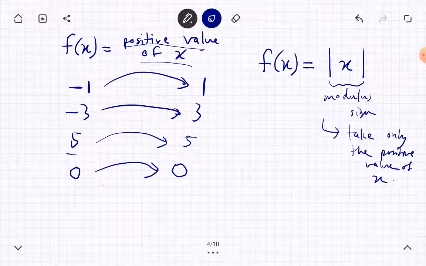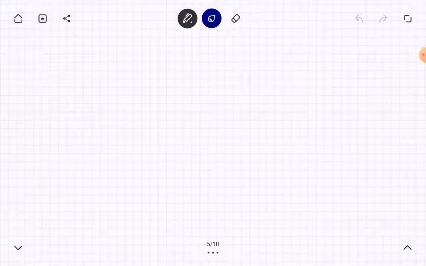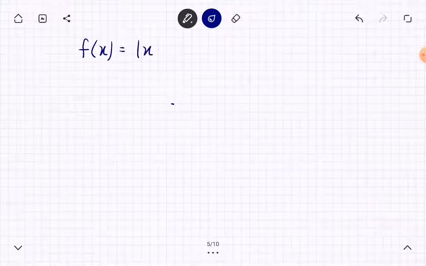So if x is negative 1 and you apply a modulus to it, this will become positive 1. Say f(x) is the absolute value function, and x equals negative 3.2.